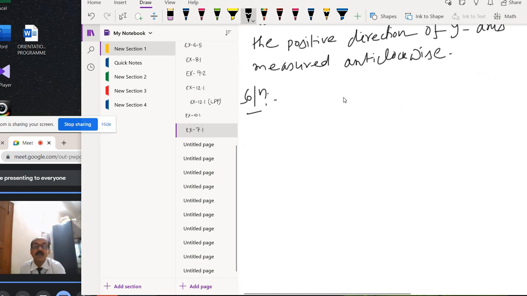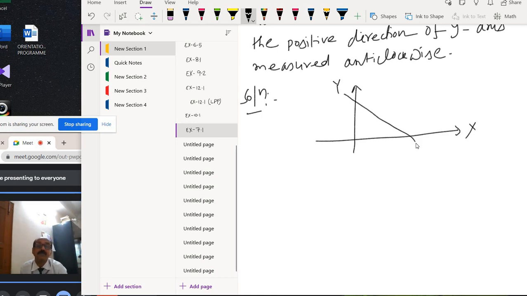You can draw it this way: this is the x-axis, this is the y-axis, and this angle is 30 degrees.